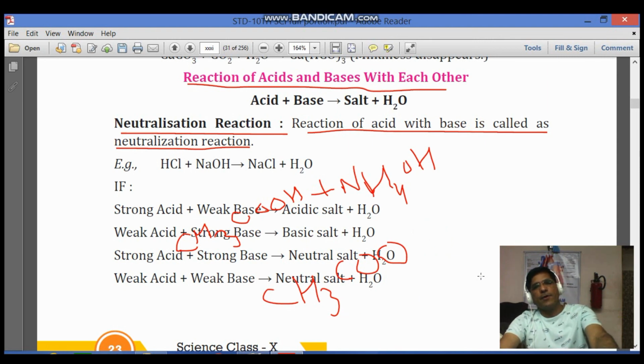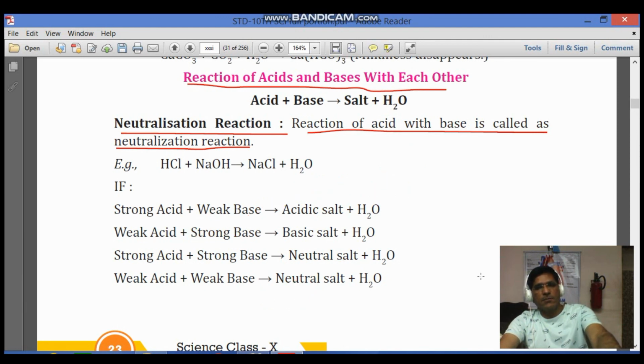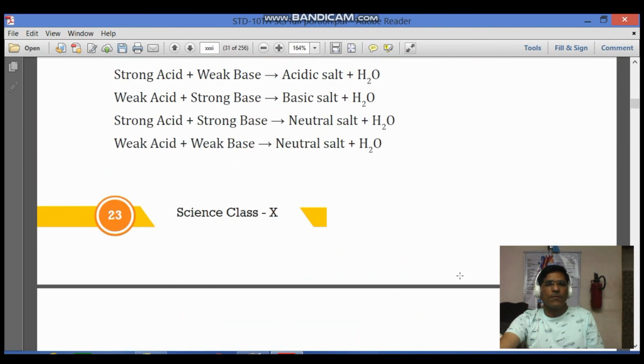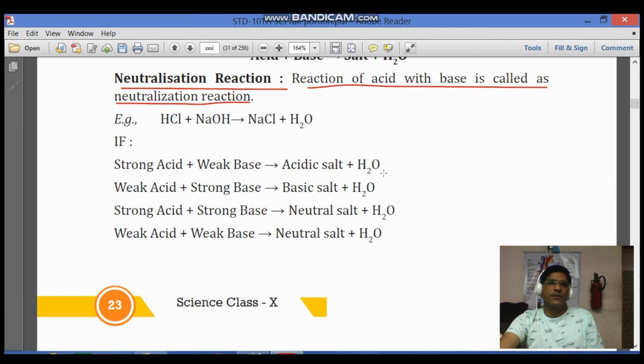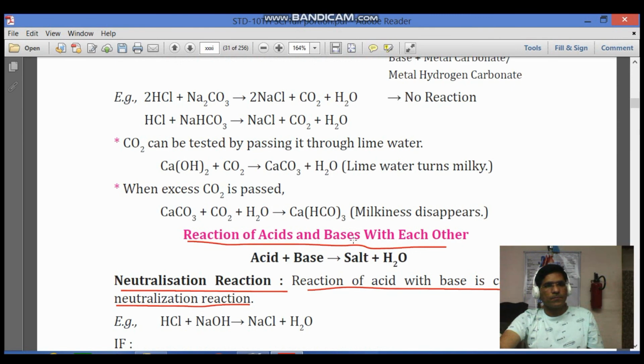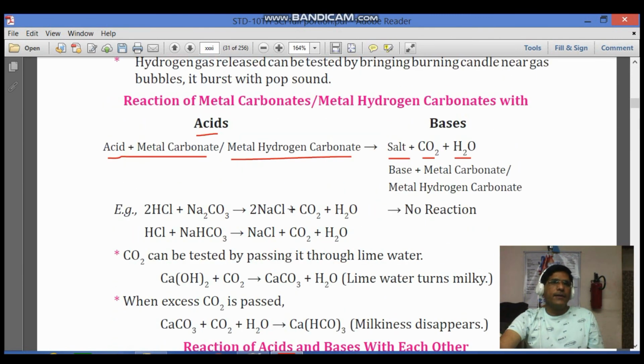The types of reactions are already in your text, but it is possible that they ask in the exam to write a short note on neutralization. You have to write the reaction of each: strong with weak, weak with strong. So at least four reactions you have to write. Today's topic was related to acid-base reactions, salt and water, and the reaction of acid with metal carbonate and metal hydrogen carbonate.